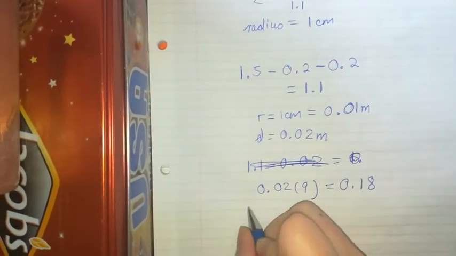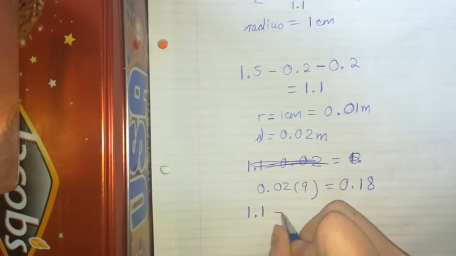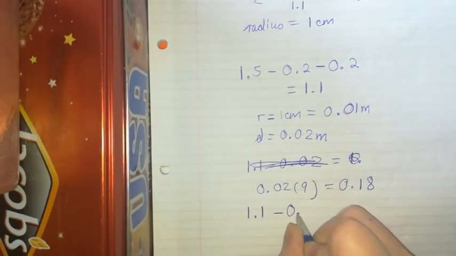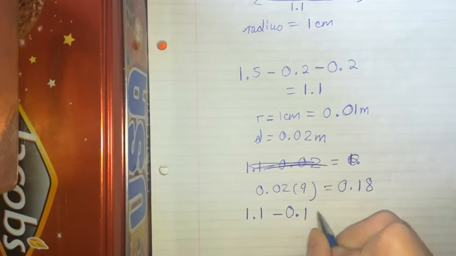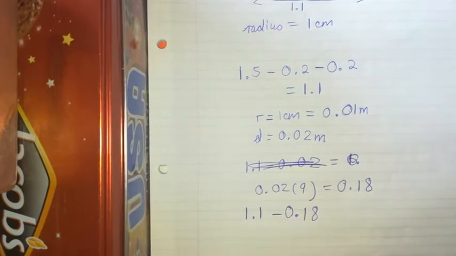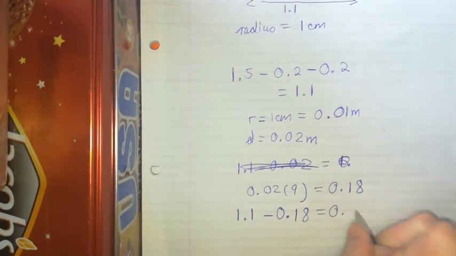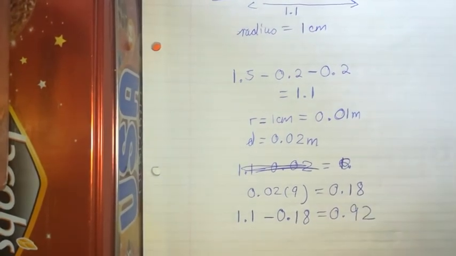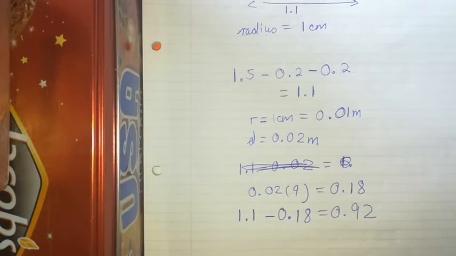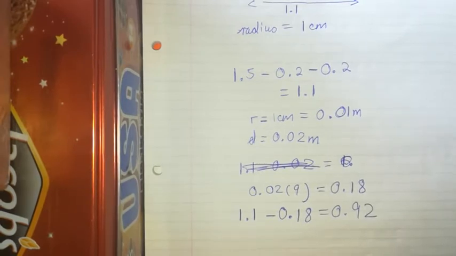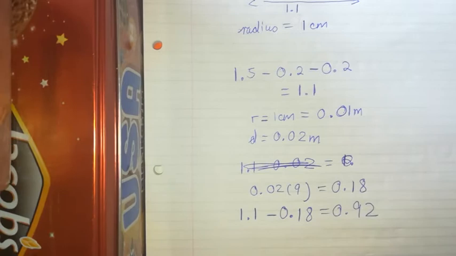So the whole of it is 1.1, and then minus 0.18, I get 0.92. So this is the size overall of the gaps, and there's 1, 2, 3, 4, 5, 6, 7, 8 gaps.